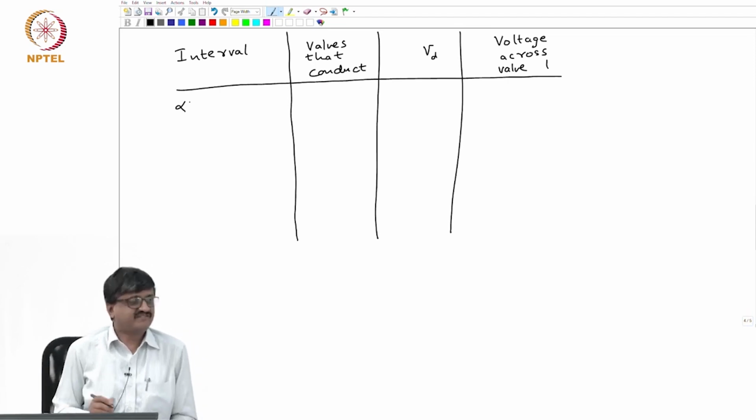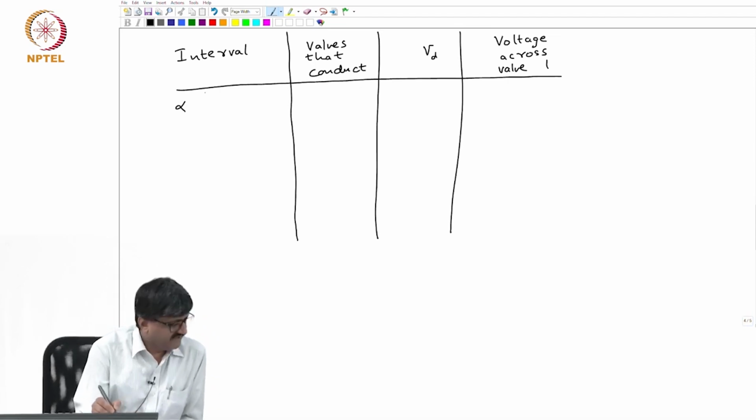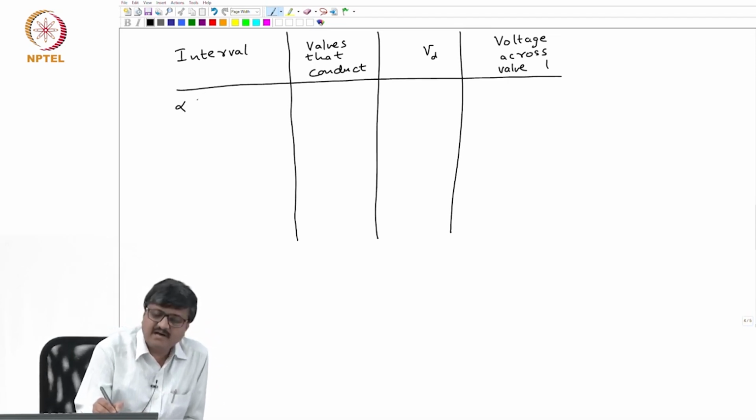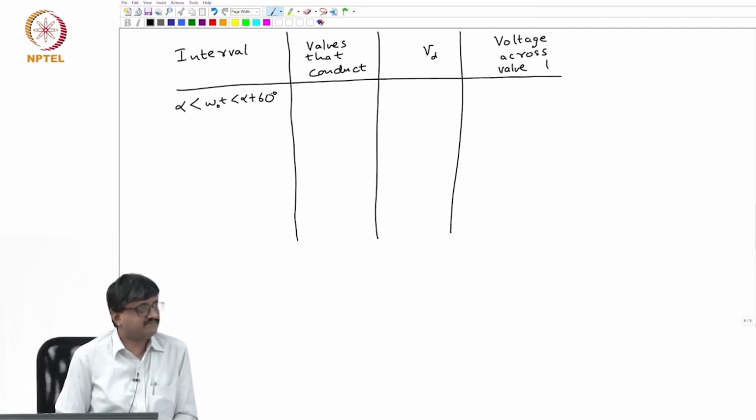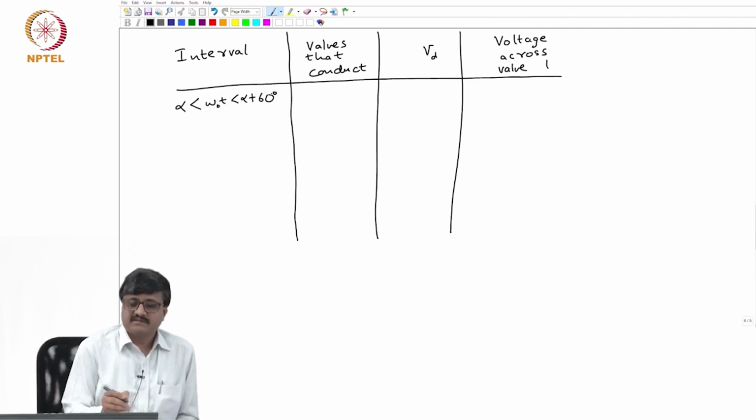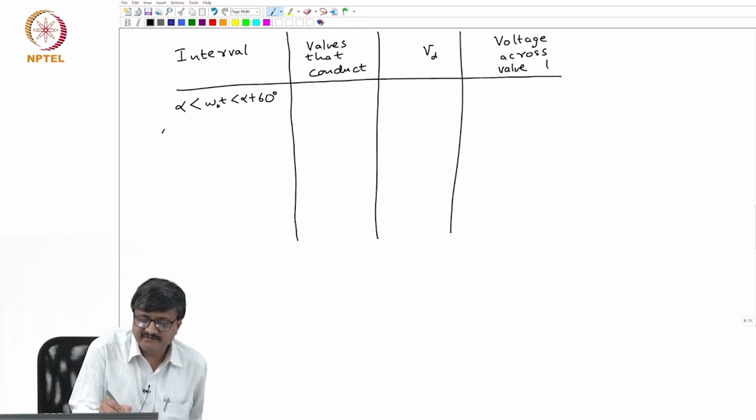Each of these is called an interval. The first interval is between alpha and alpha plus 60 degrees. Then the second interval is between alpha plus 60 degrees and alpha plus 120 degrees.